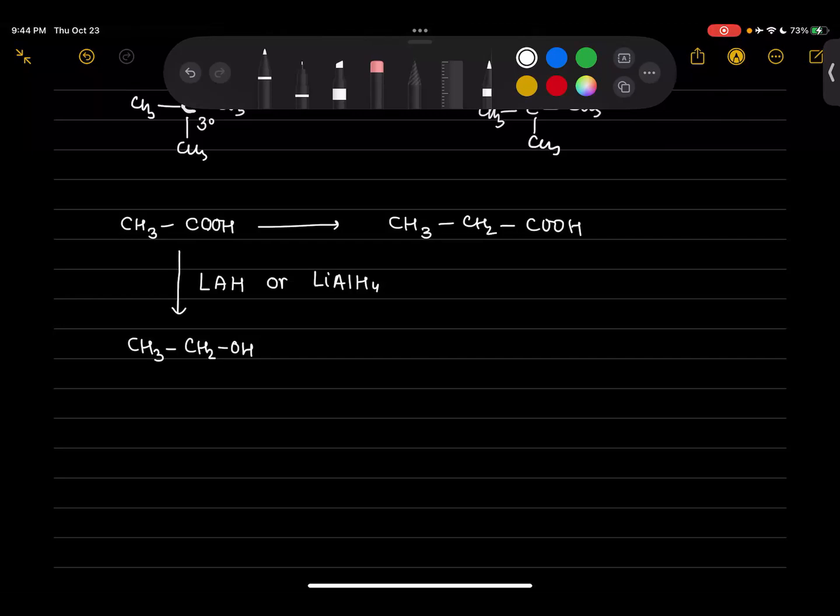Yes, sir. Okay, now what to do? Once you have this OH, can we oxidize it with KMnO4 and get it converted back to COOH? Will that give the desired product? Tell me quickly.